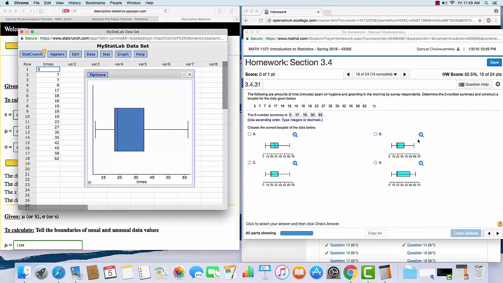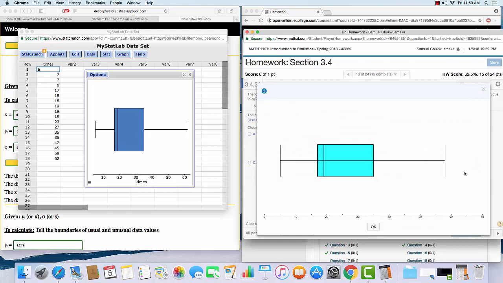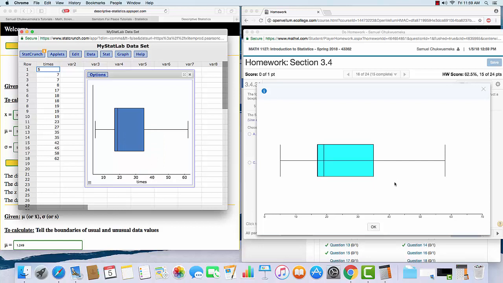So let's look at B. If we look at B and C, minimum is 5, B is okay, and C is okay. Maximum is 62. So B is not okay for 62.